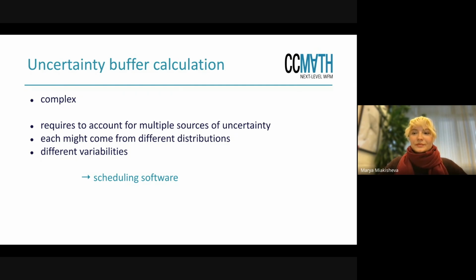And this leads me to CCmath, where we actually use this to calculate the schedules, and we account for that buffer, for that uncertainty, when calculating the schedules in order to protect the service levels.